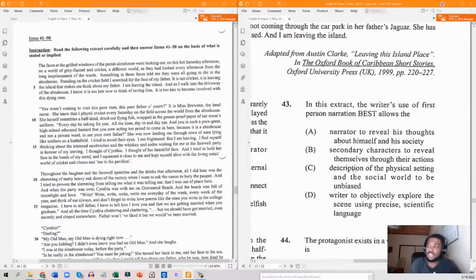43. In the extract, the writer's use of the first person narration best allows the... 43. What do you guys think about 43?